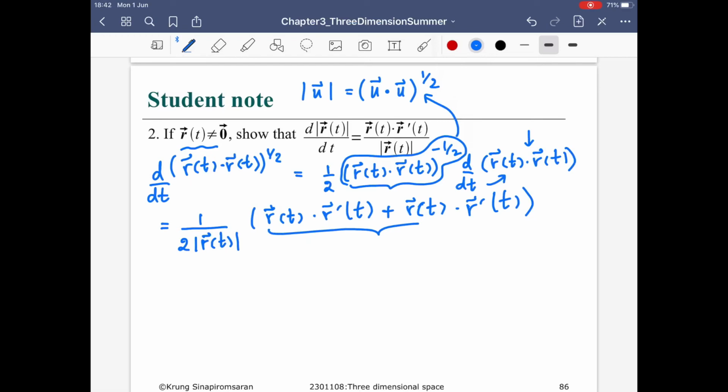Of course they can combine, so these two will cancel, so you are going to have r(t) dot r prime(t) over the length of r(t), just like this.